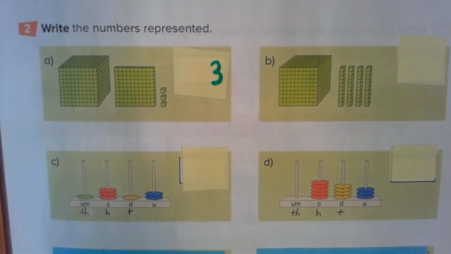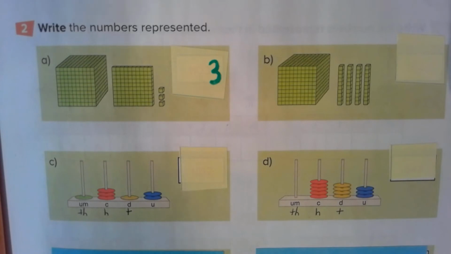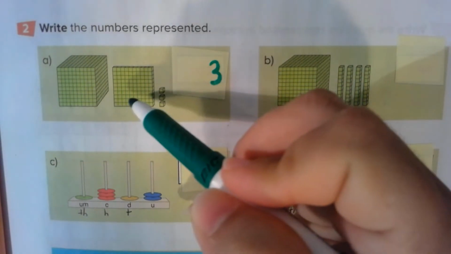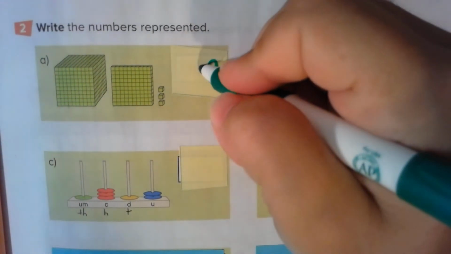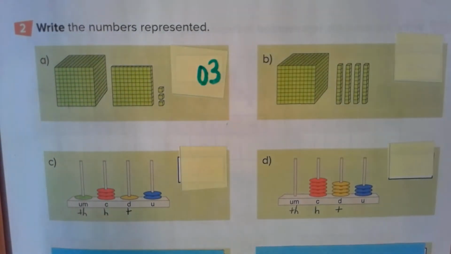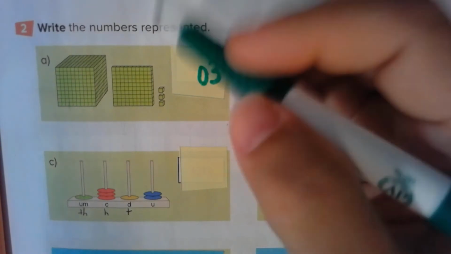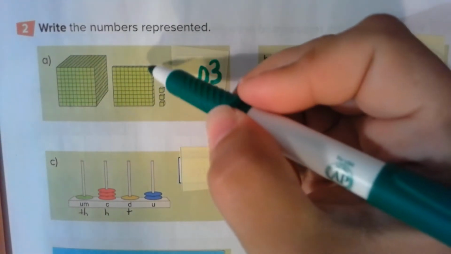Great. How many sticks of 10 do we have? I don't know about you, but I don't see any by themselves. I see them all attached together, but I don't see them by themselves. So I'm going to put a 0. And then how many hundreds do we have?